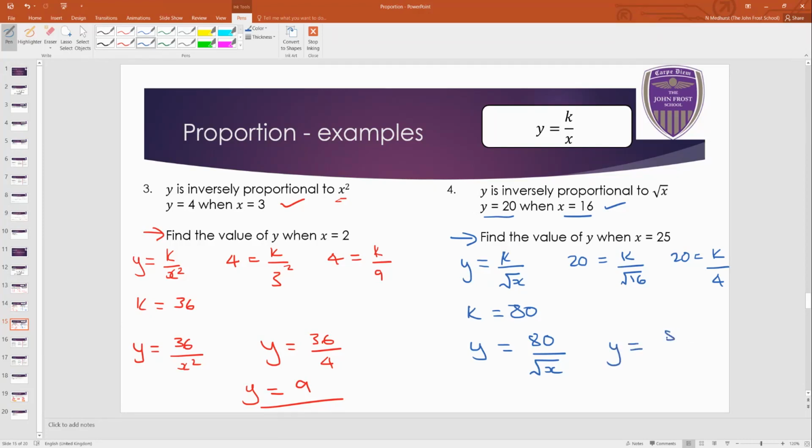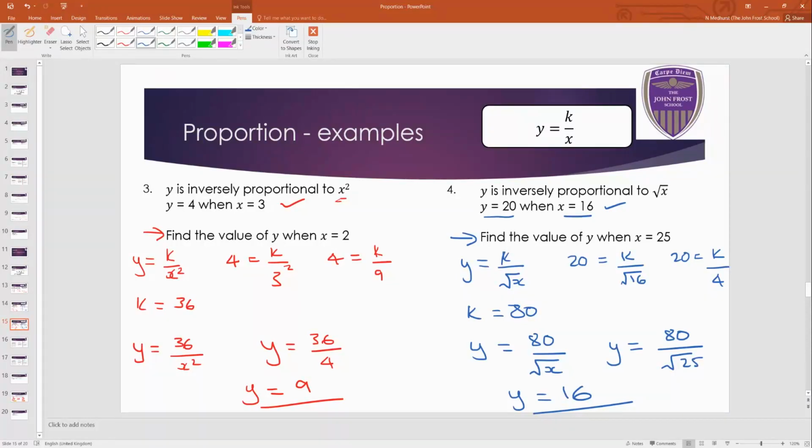So y equals 80 over root 25. Okay, the square root of 25 is 5, isn't it? So we're doing y equals 80 divided by 5. Okay, 5 into 80 is 16. y equals 16.